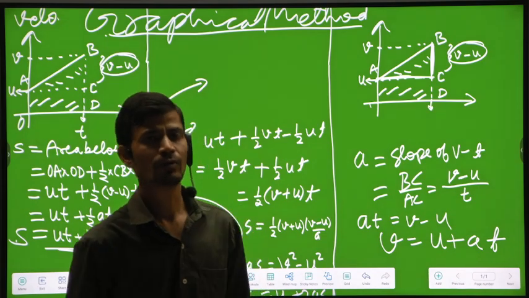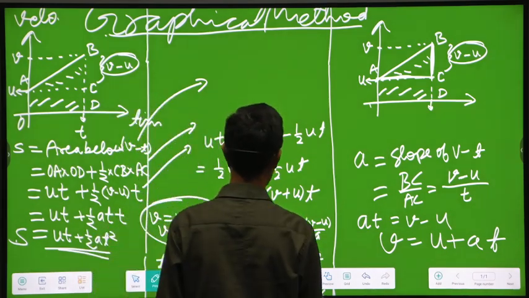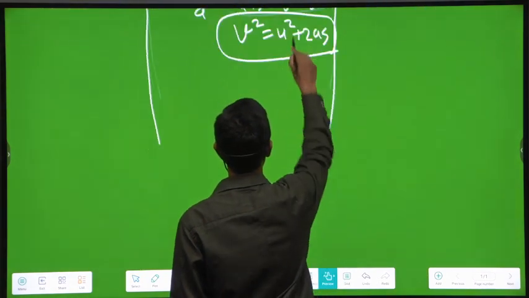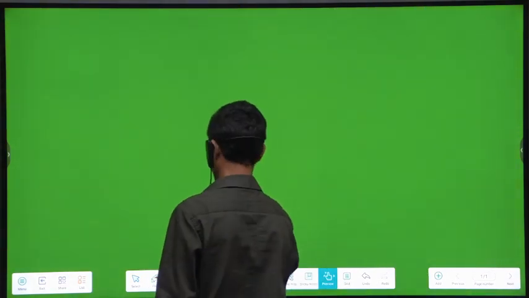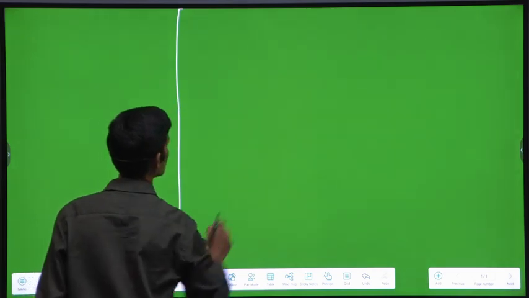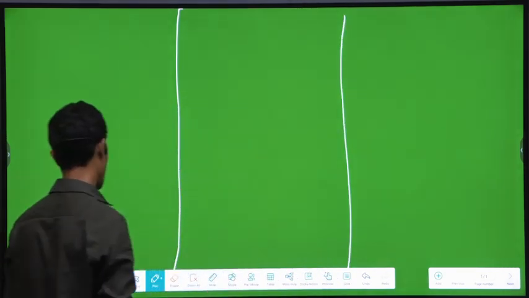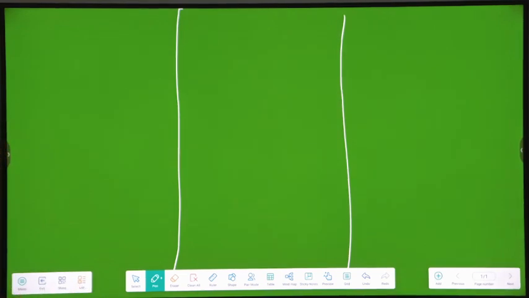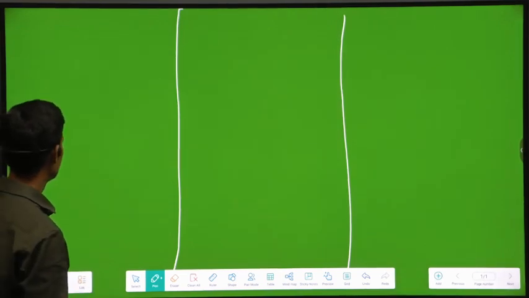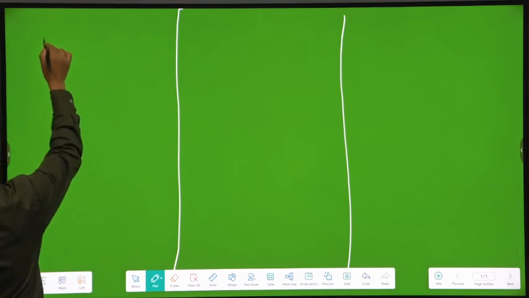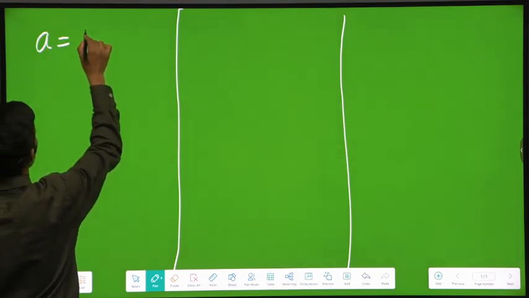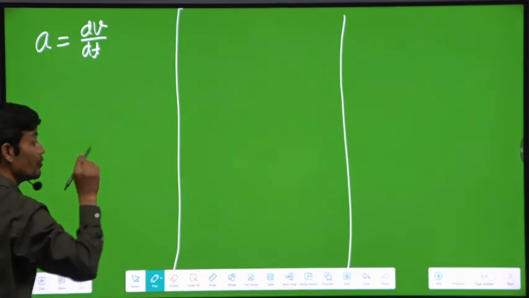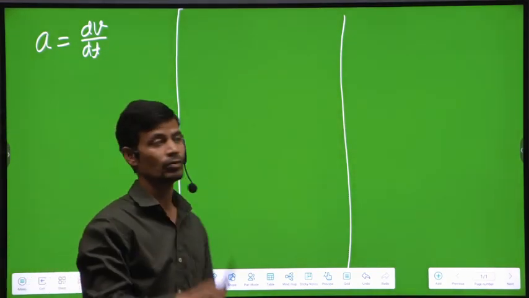And now the most awaited calculus method. So for the first equation, once again, we will start with the same idea that a is equal to dv by dt. This time we are using calculus.